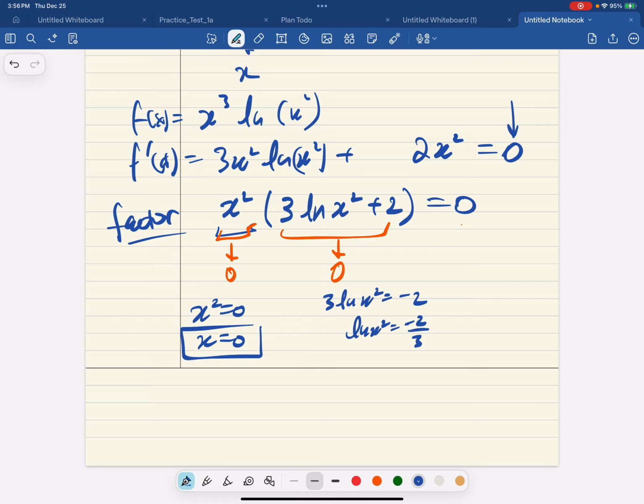But if there's a ln x to 2, well, in here we can do 2 ln of x equals to minus 2 over 3. Actually, no, it's shorter writing it e to the minus 2 over 3, applying the same rule, is equal to x to the 2. And then if you have x to the 2 is equal to e to the minus 2 over 3, x is just equal to root e to the minus 2 over 3.